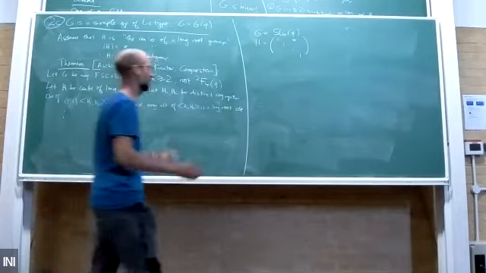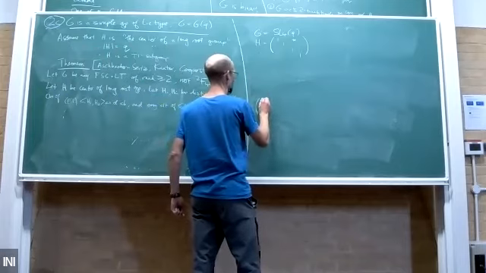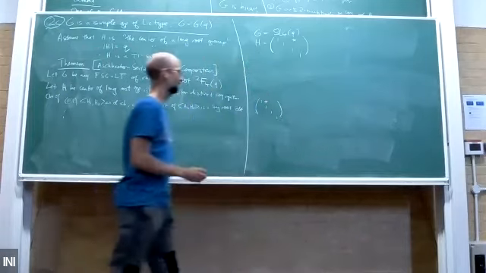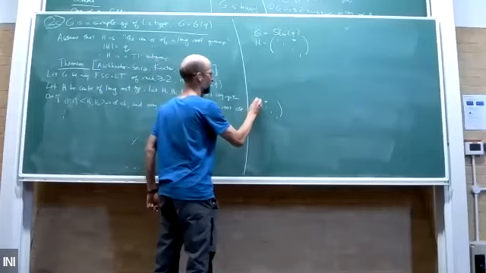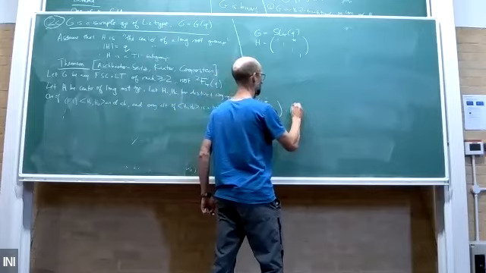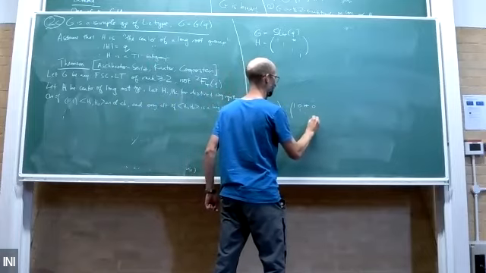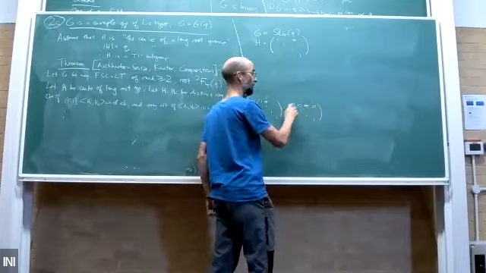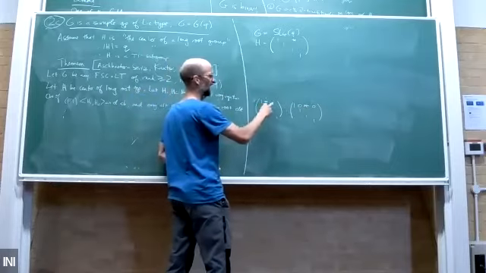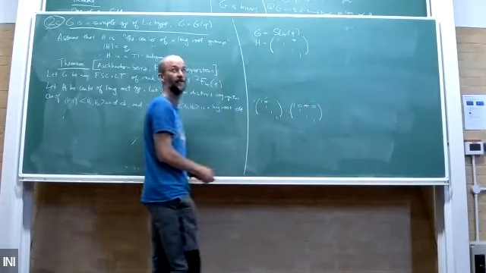Just so we can all see this really transparently, let me give an example here. If I was to take my H1 to be everything that looks like that fellow there, so this is supposed to be row 1 in column 2, and then my H2 to be everything that looks like row 1 in column 3 now, then the thing they generate would be pretty clearly just everything with entries either there or there, or both, right?